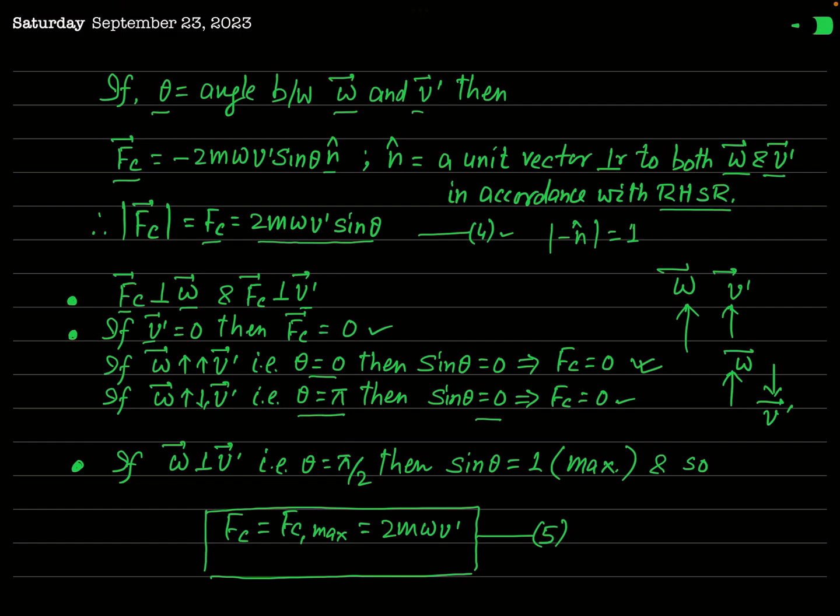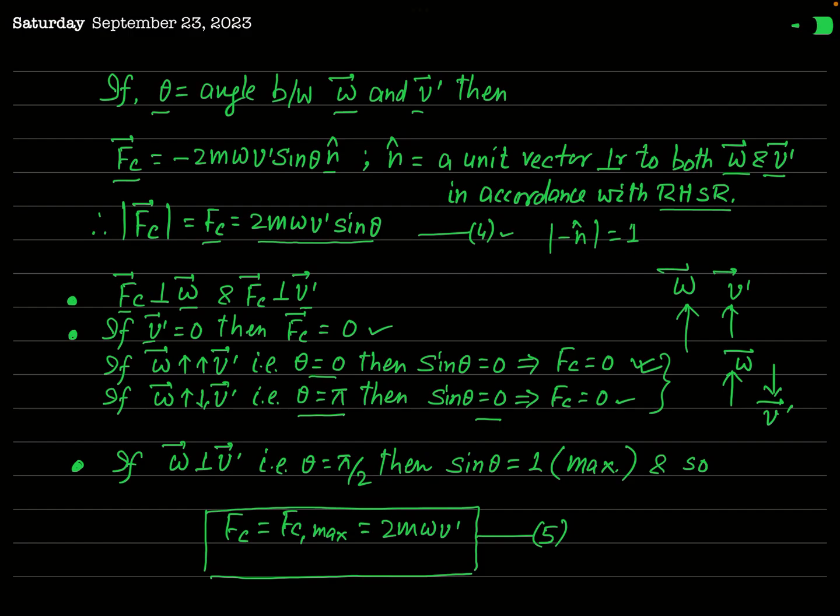Actually these two conditions may be stated in a single statement: if omega and v prime are collinear, then no Coriolis force will act on the particle. Collinear vectors may be parallel or anti-parallel.